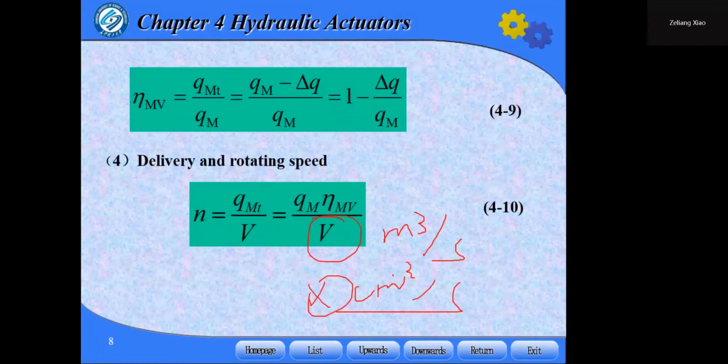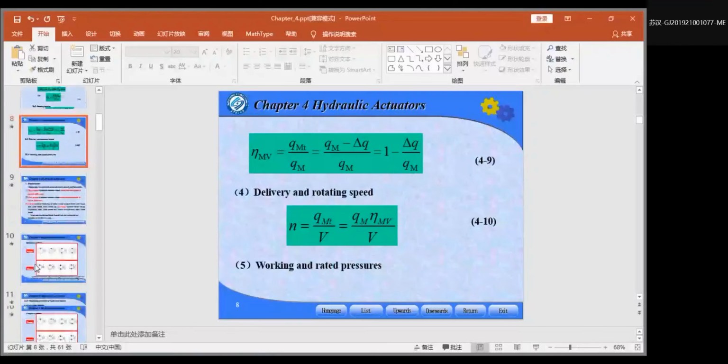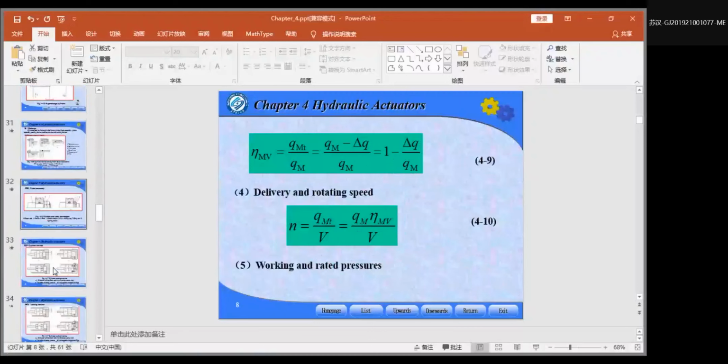You should translate this unit to this. Go back to the slide.